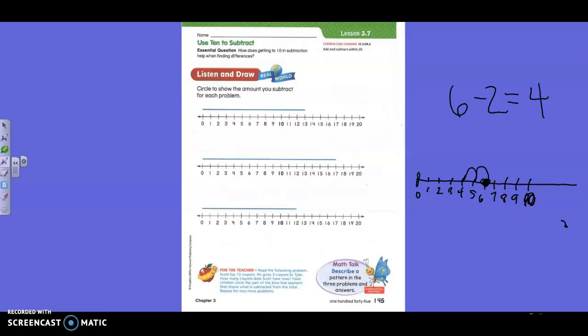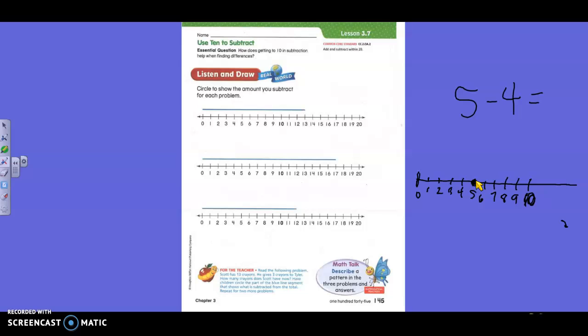Now, let's try that again, but let's do it with 5 minus 4. I'm going to delete my little things. If I'm doing this, what number do I start on and put a dot on? 5. Your big number.